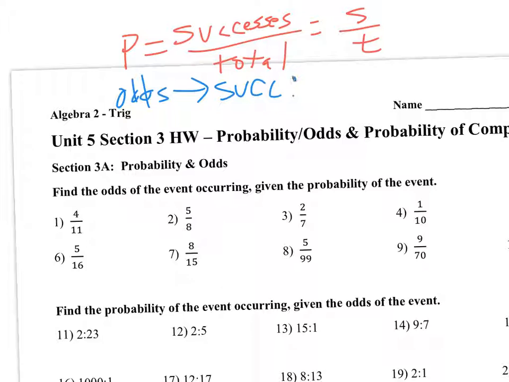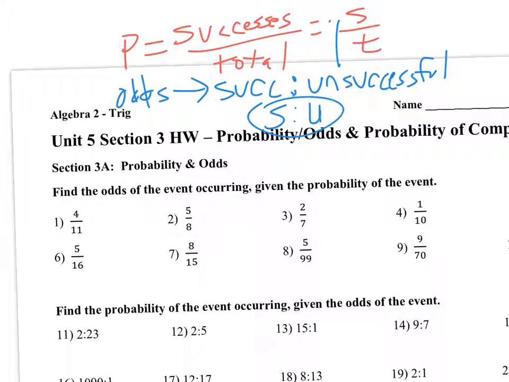Successes to unsuccessful. So S colon U. So I write that ratio to kind of keep them straight. They're both really ratios, but I write odds more with the colon in between, and I write probability as a fraction to keep them straight.